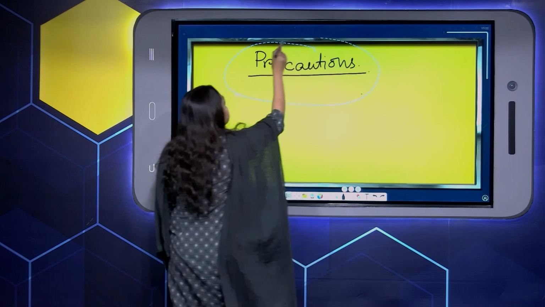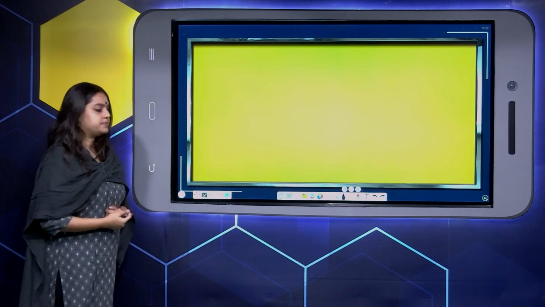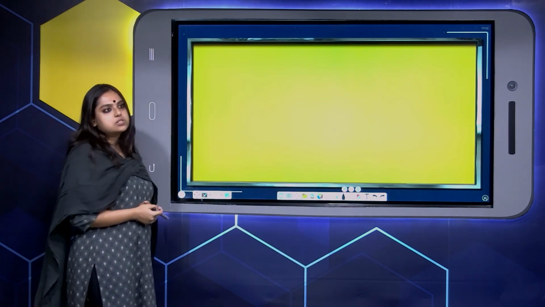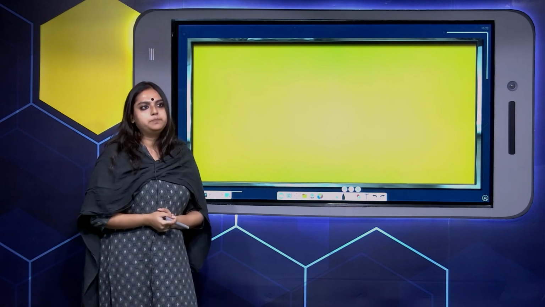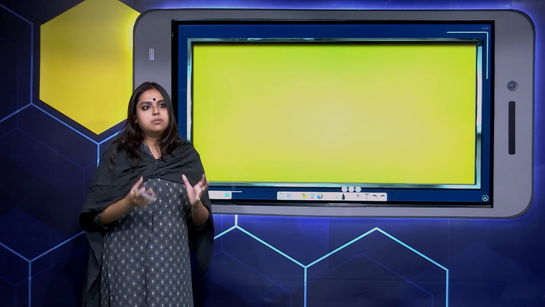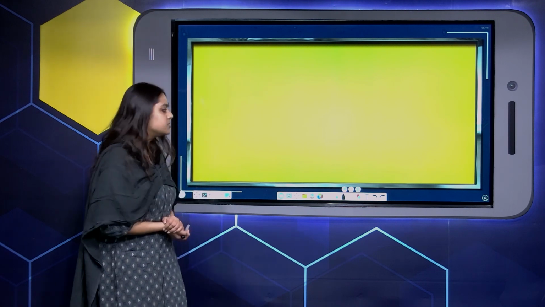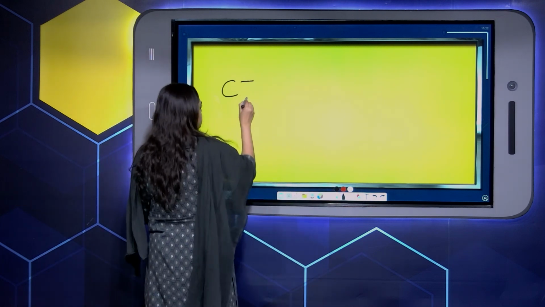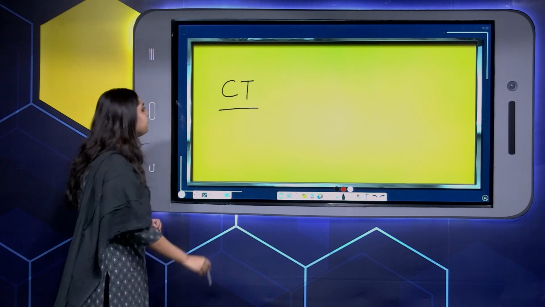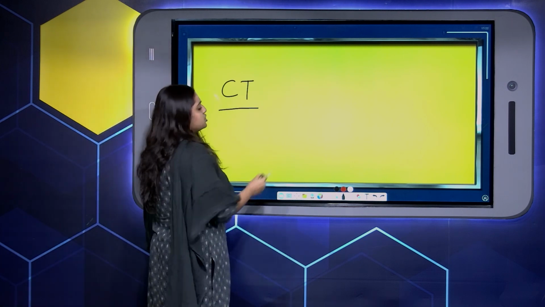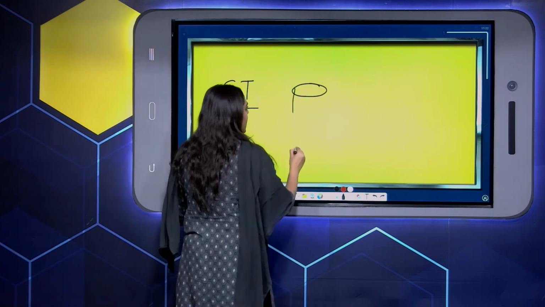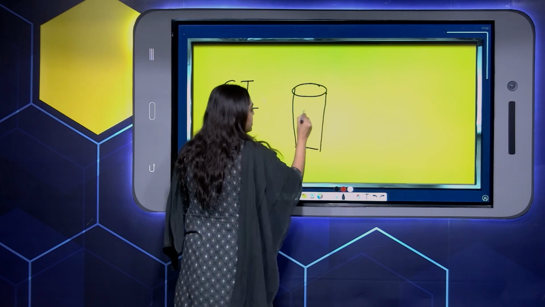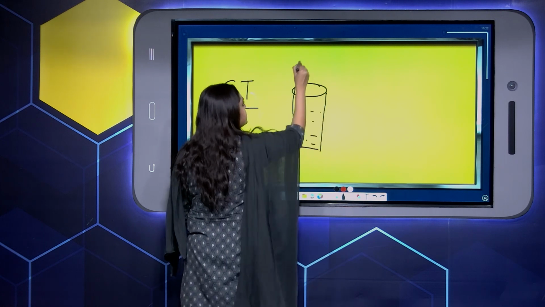Okay. Now, one more thing I would need to discuss. Now, you would say that, ma'am, my mother has given me a glass of milk and I want to measure the temperature of the milk. Can I use the clinical thermometer? I'm using a short form CT. Clinical thermometer to measure a glass of milk which is hot?